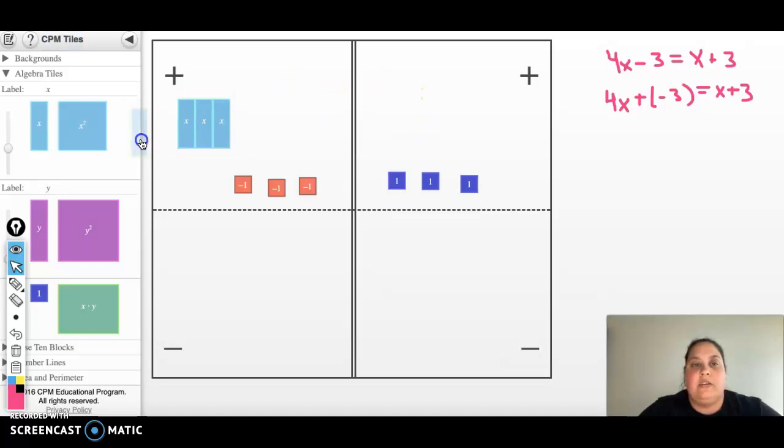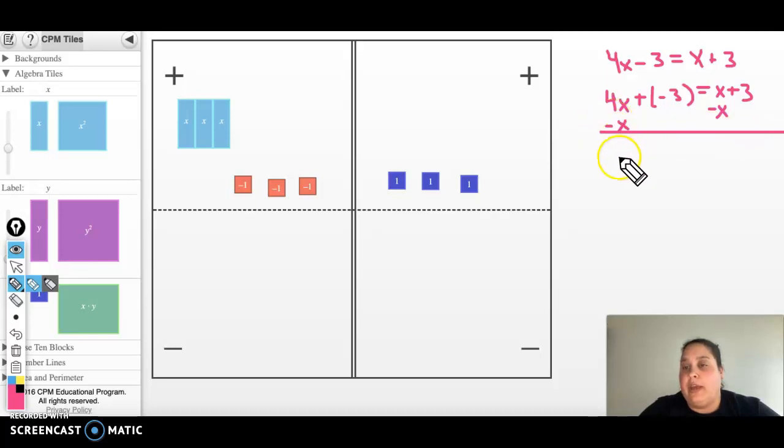And again, imagine I'm subtracting 1x from both sides, which is going to wind up with 3 x's over here. So I have my 3 x's on this side, and then I have my plus that -3. And on this side, I only have 3 left.